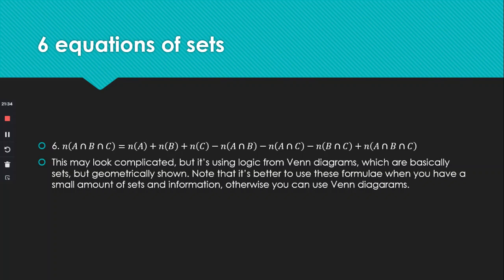Sorry if I might have said union. So the thing is, with an increase in the number of sets, you also change the sign. It goes from plus, then with two it's minus minus minus, then with three it's plus. And you also have to do all possible combinations until you get to the final part.